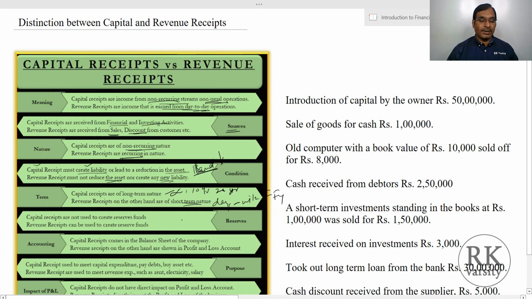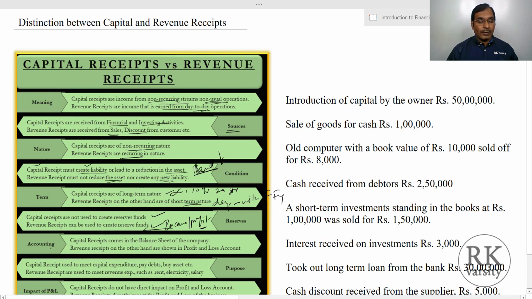Next, reserves. Capital receipts are not used to create a reserve fund, whereas revenue receipts can be used to create reserves. When you make a profit at the end of the year, using this profit we generate reserve funds, and these reserve funds will go to the equity holders at a later time period.